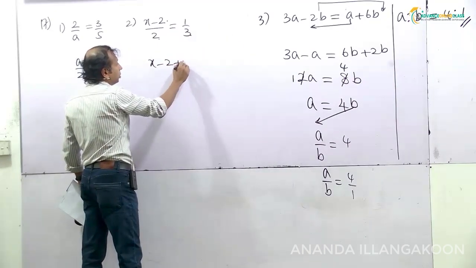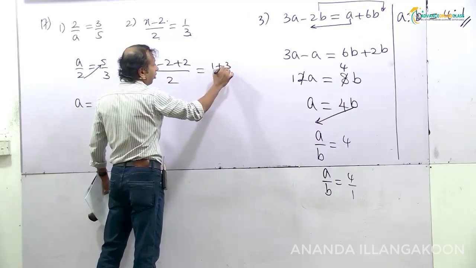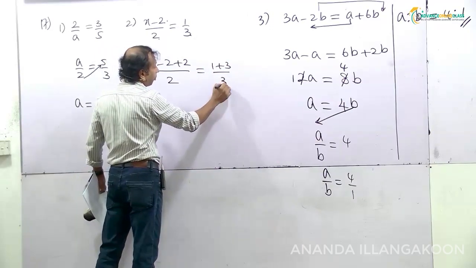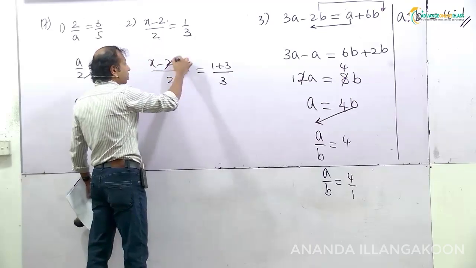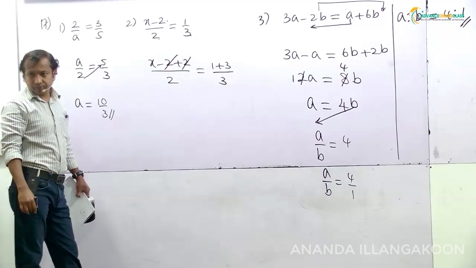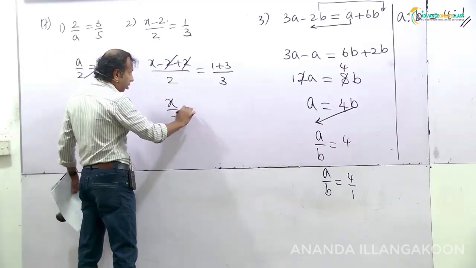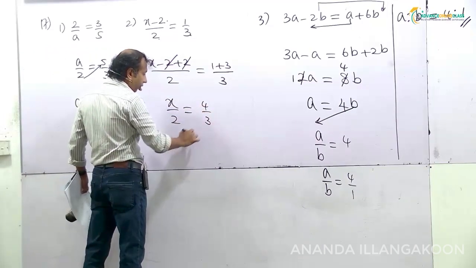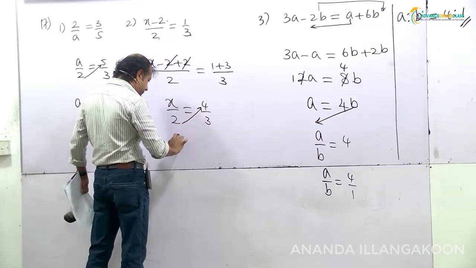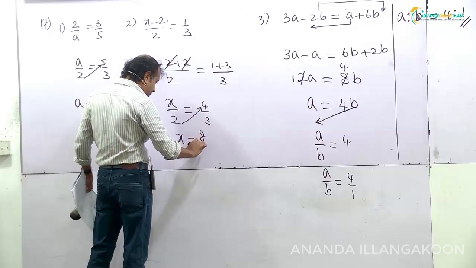X minus 2 plus 2 divided by 2 equals 1 plus 3 divided by 3, not 2. This minus 2 plus 2 you can cancel. What do we have now? X over 2 equals 4 over 3. Now bring this 2 here. X equals 8 over 3.